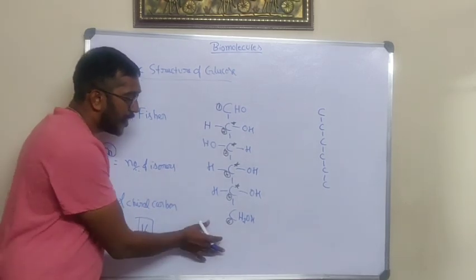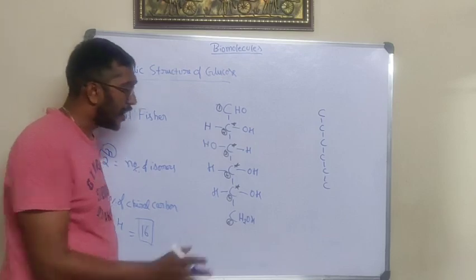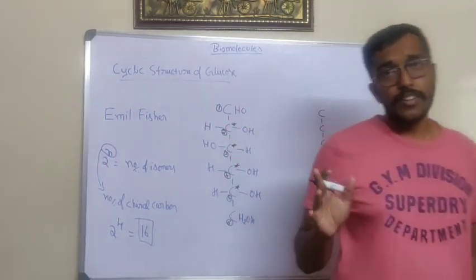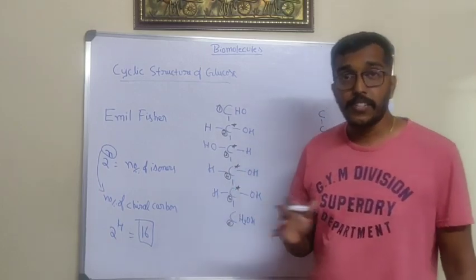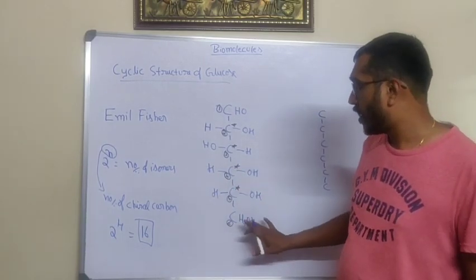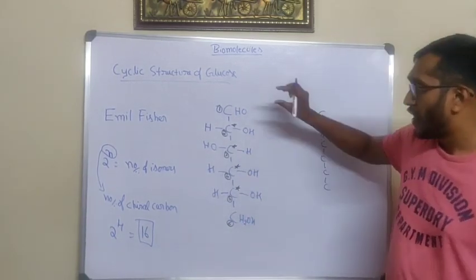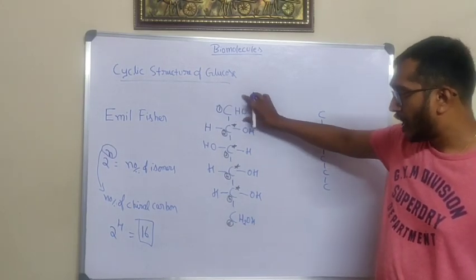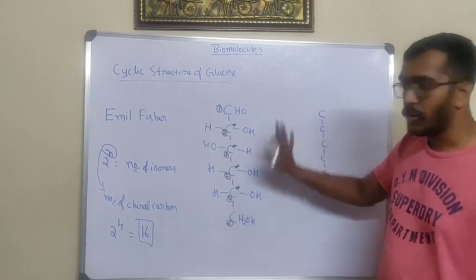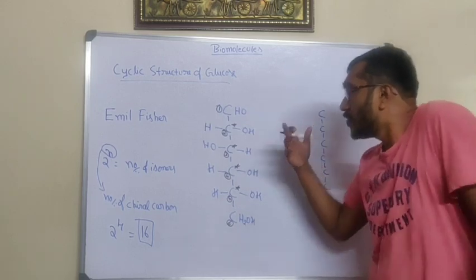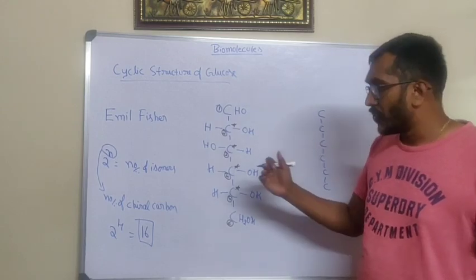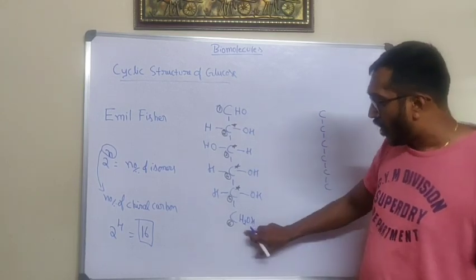Whether this is D-glucose or L-glucose, I have already explained D sugar and L sugar in my previous video, but I am explaining again here. There are 2 functional groups here: one is the aldehyde group and the other is the alcohol group. Which one is given high preference? The aldehyde group. Which one is given less preference? The alcohol group.